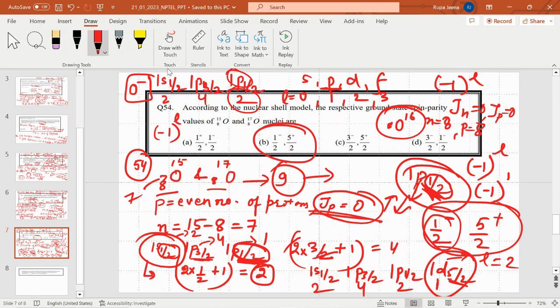Okay, so you were not in my first class, so for that I have given you the chart. So this goes like this: 1s 1 by 2, 1p 3 by 2, 1p 1 by 2, 1d 5 by 2, 2s 1 by 2, 1d 3 by 2, then 1f 7 by 2, 2p 3 by 2, and 1f 5 by 2.